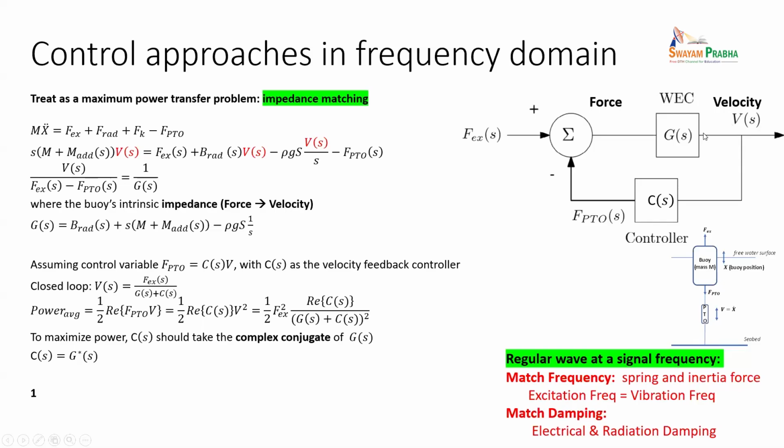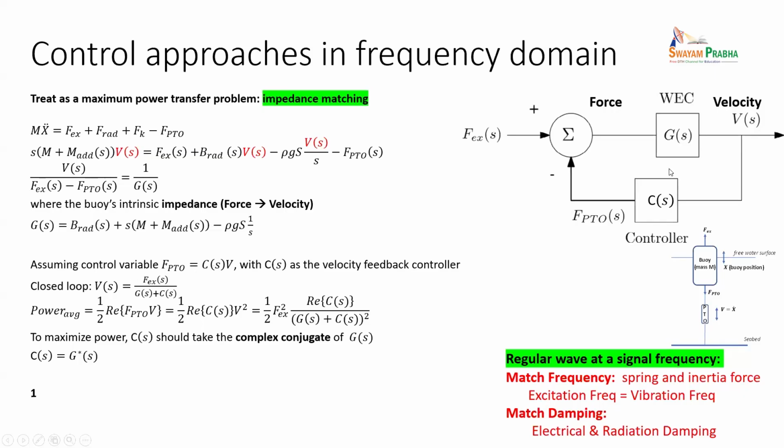That is your impedance. You measure velocity, you control the PTO force, and the PTO force and the excitation force add together into the system. So that is the control.